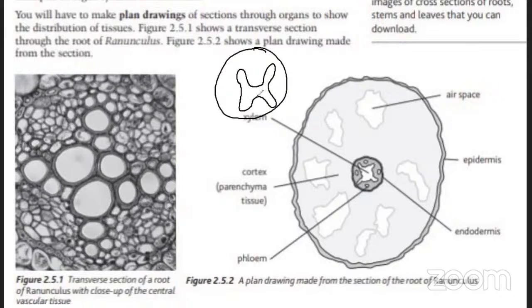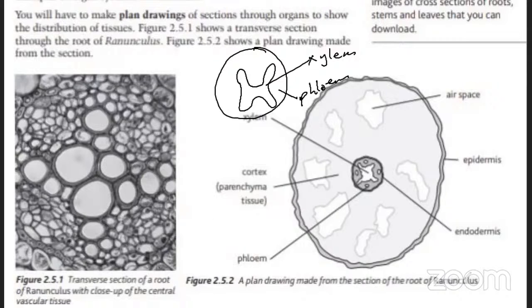So that's the xylem. Outside of it is the phloem. With the plan join, you're not given any details of the structures. Notice this doesn't look anything like the actual structure of a xylem. It's just an outline of it.